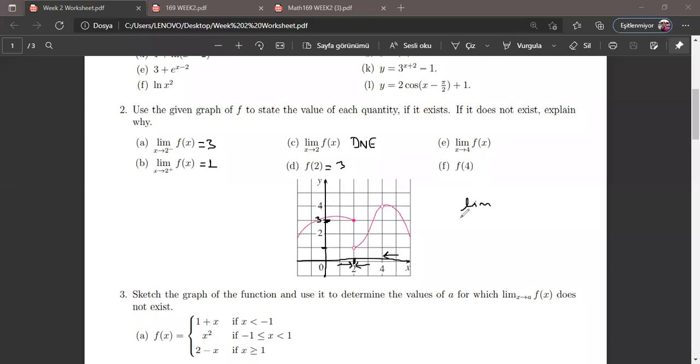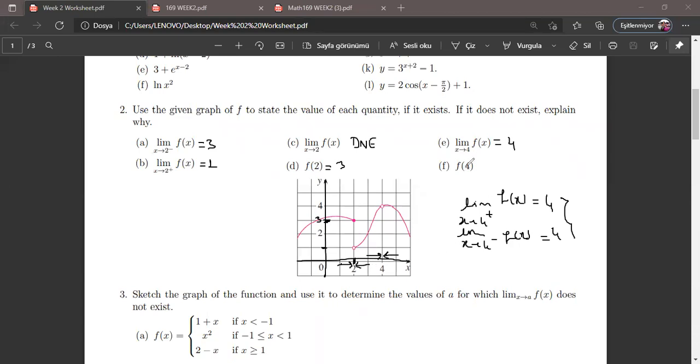So the limit of f when we're approaching 4 from the right is 4, right? And from the left, as you see, we get again 4. They are equal, then the limit is 4.